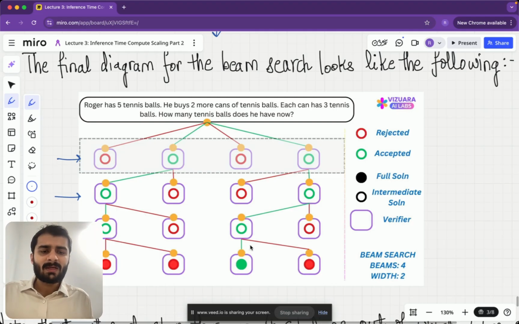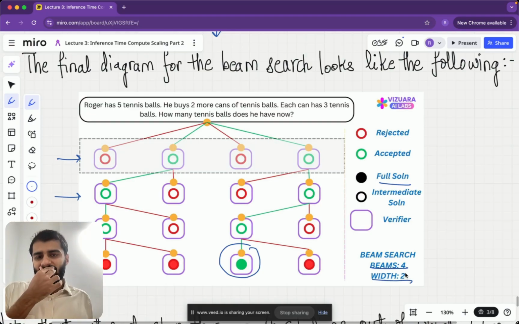And in the last layer, we have selected 1, which is the final solution, the full solution. It's marked complete, so the color is filled inside. It's not an empty color, which indicates an intermediate solution. So this is the diagram where the number of beams is 4 and the beam width is equal to 2. Because the beam width is equal to 2, we only selected 2 at each step.